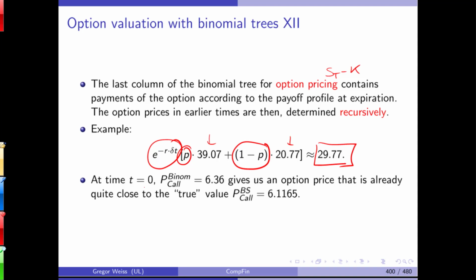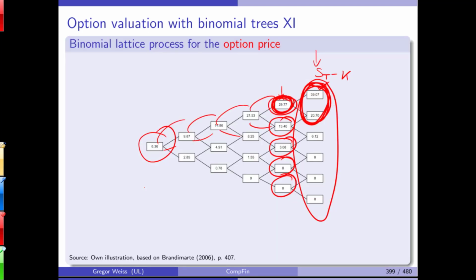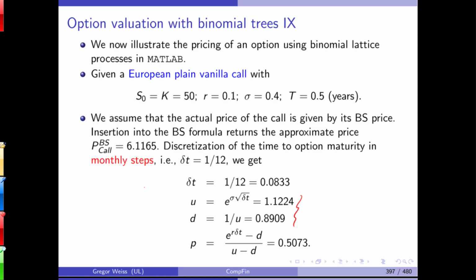Quick question. How can you force the binomial price to be closer to the Black-Scholes price? Which parameter do you have to change for that?